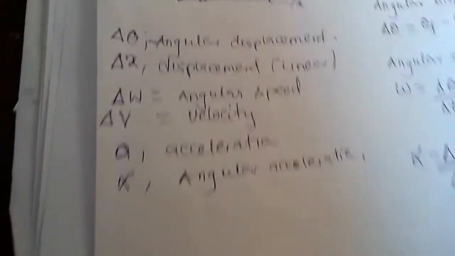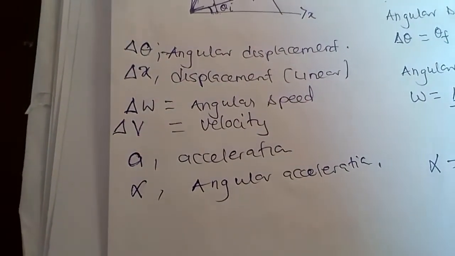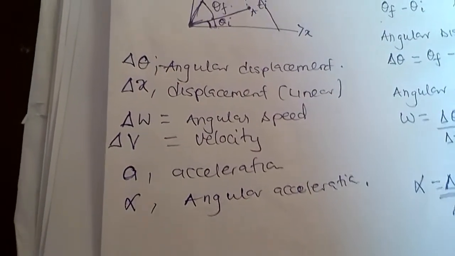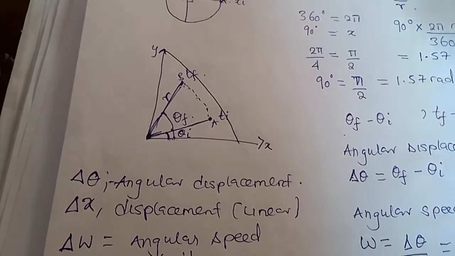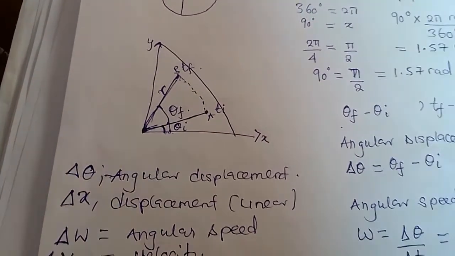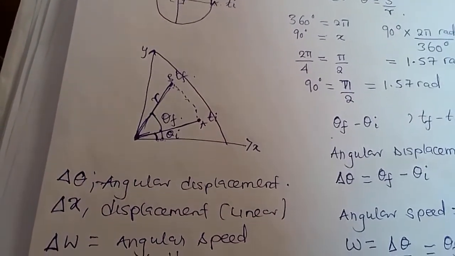Now, when we talk about these being vectors, for instance, acceleration, we know that acceleration is a vector quantity, meaning it has got direction. In linear terms, we are talking mostly forward as positive and backwards as negative, with reference to however you are solving the question.